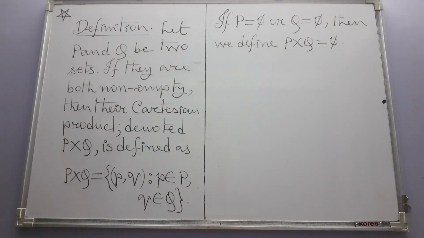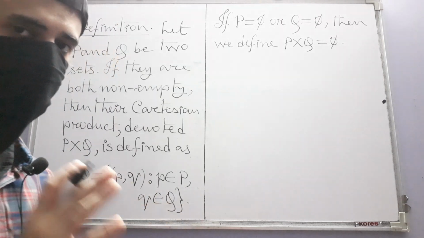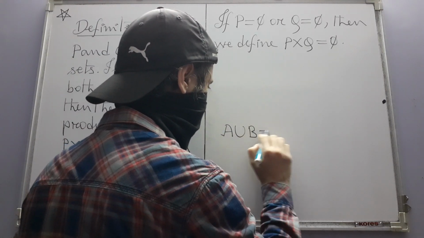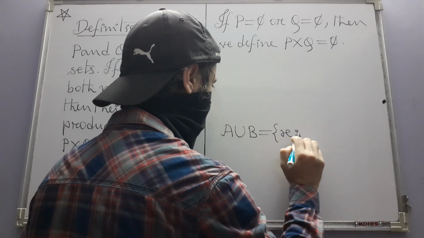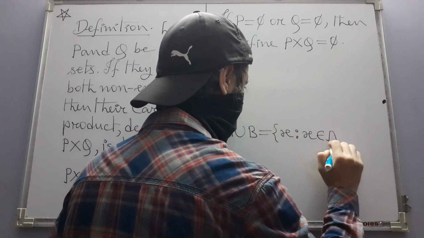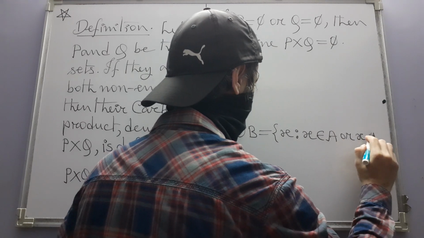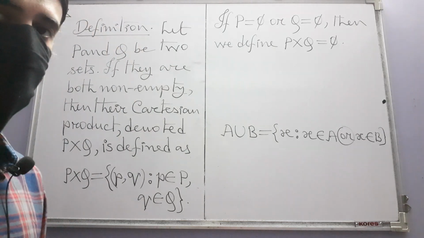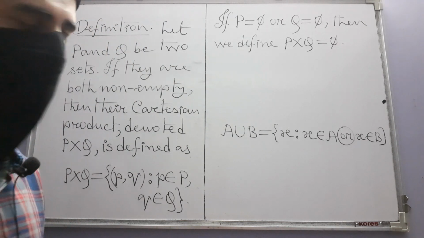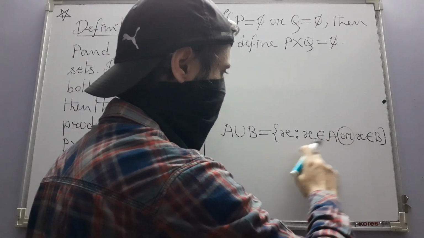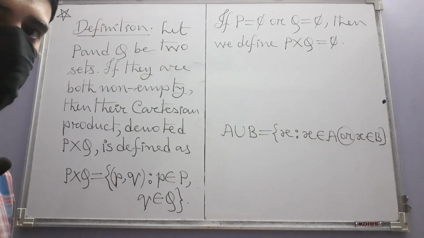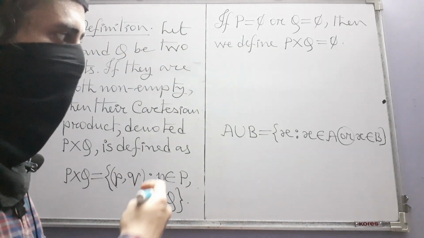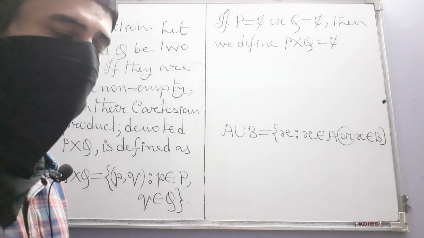Now I want you to recall something. You remember that while defining the union of two sets A and B like this, we said a little something about this OR, that it is inclusive OR. When we use OR like this anywhere in mathematics, in most places it means inclusive OR. This just means that either x is in A or x is in B or both.